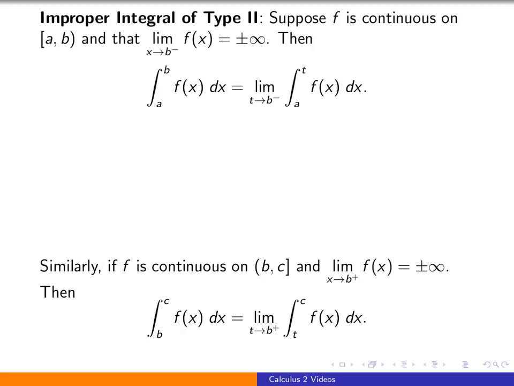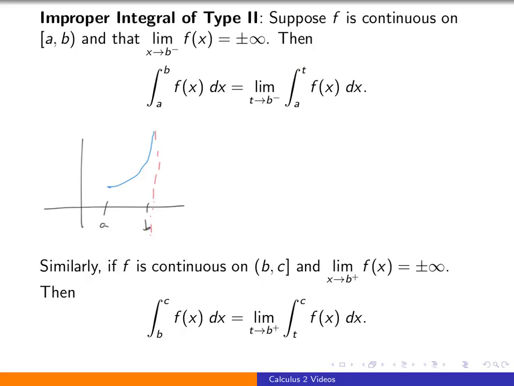Just to recap, we've seen our first example of an improper integral of the second type. For an improper integral of the second type, we're going to have an example where we are integrating a function from a to b, but as we approach b, the function goes to plus or minus infinity. Maybe like in this previous example, it was something like this. Because of this infinite discontinuity at x equals b, we need to write it as a limit.